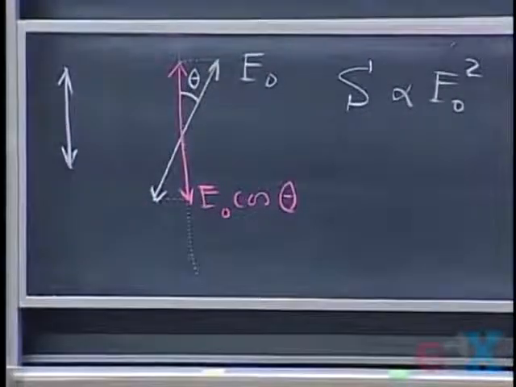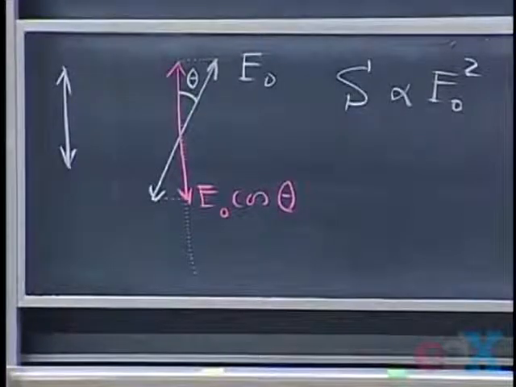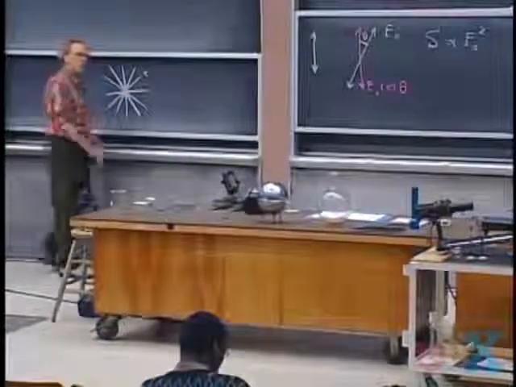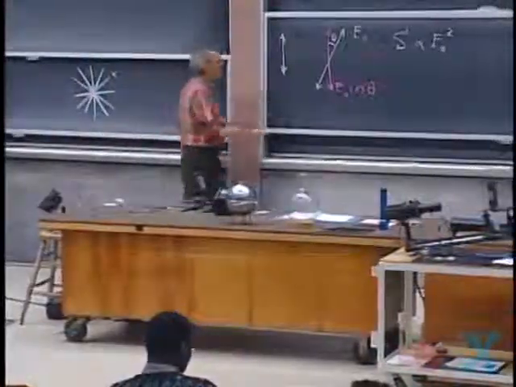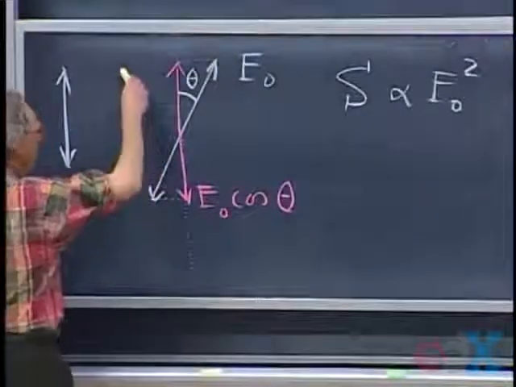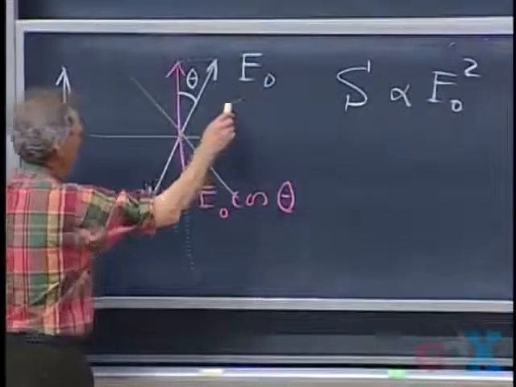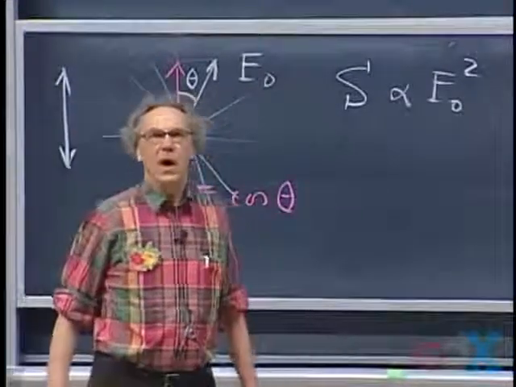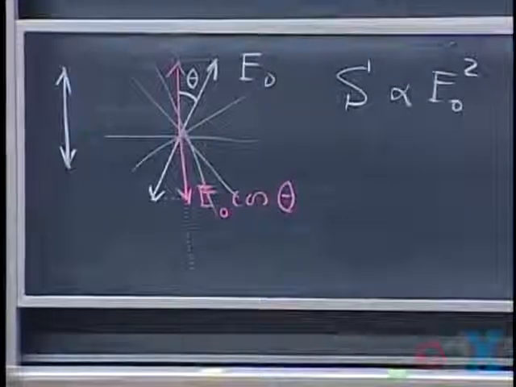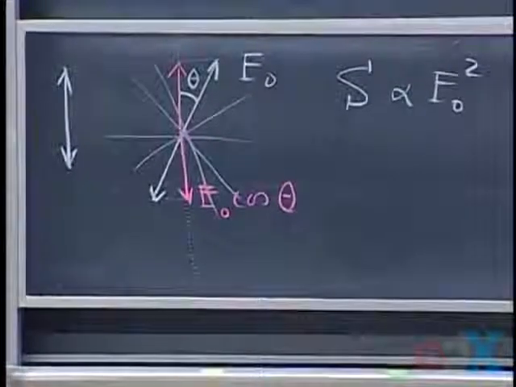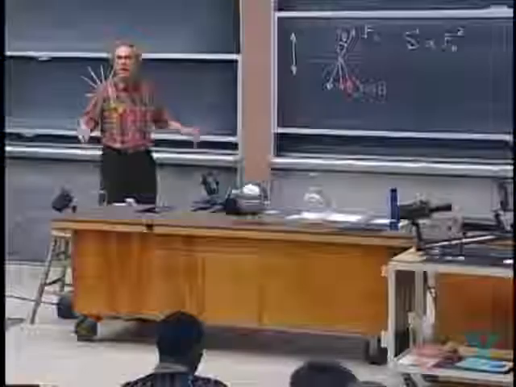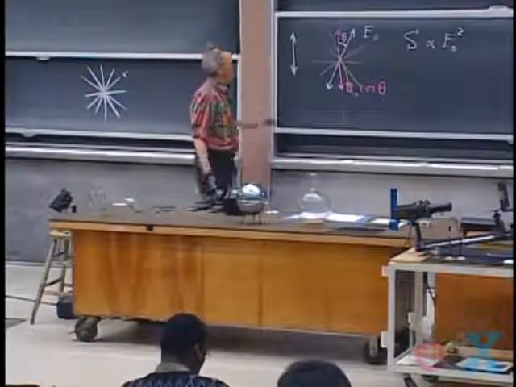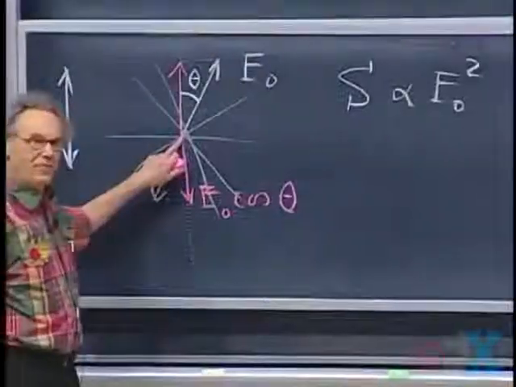If now I average over all incoming photons, so I take all of these, which represent an unpolarized beam, so I get not only one like so, but I get one like so, and one like so, and one like so, and one like so, then clearly I have to calculate now the mean value of cosine square theta. And the mean value of cosine square theta is 1/2.